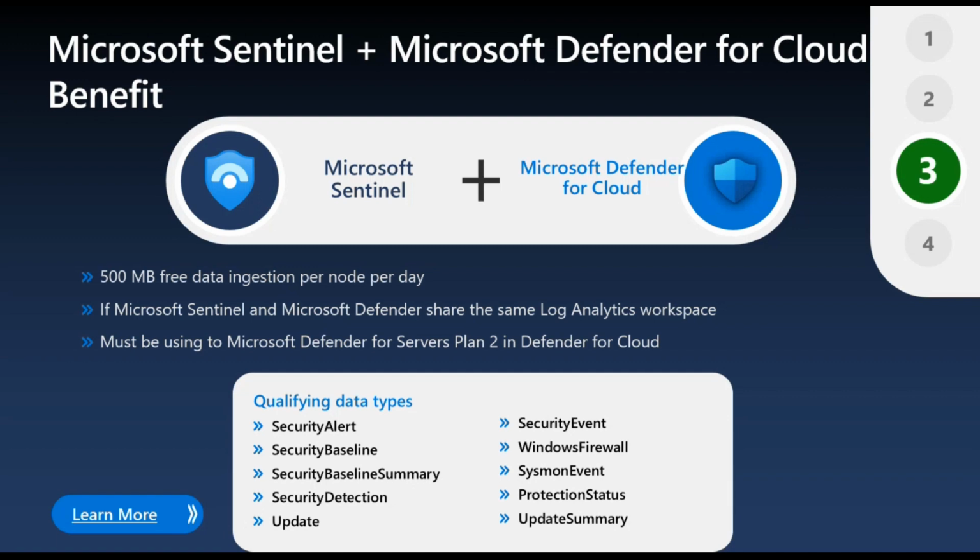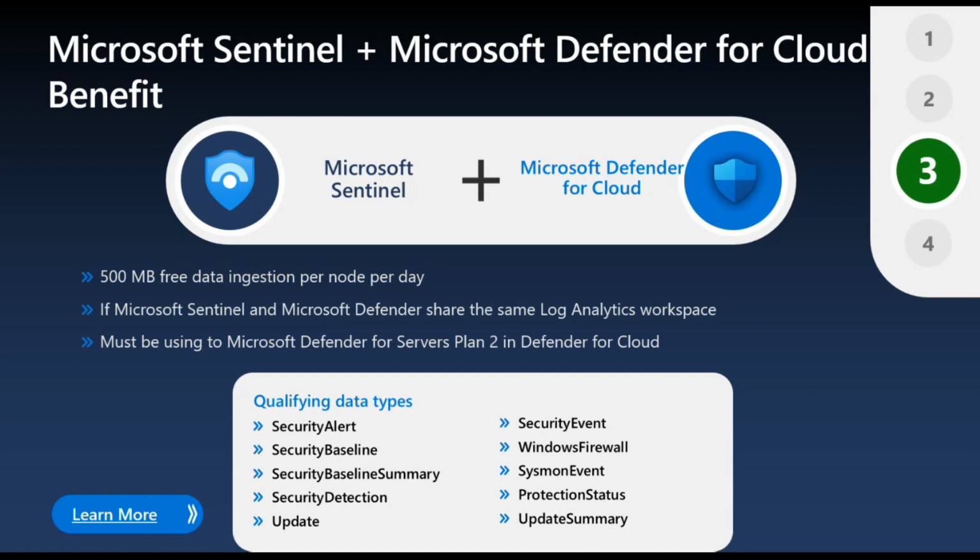And when you do that, if the customer is also using Microsoft Defender for Servers Plan 2 in their Defender for Cloud environment, then the servers that are in that plan may ingest 500 meg free per day per server of security data.